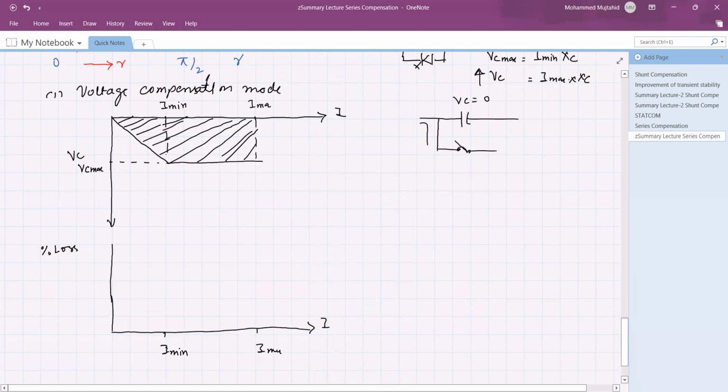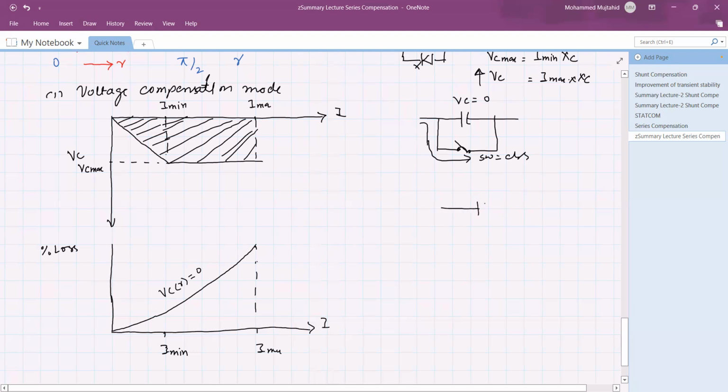Say this switch is closed. So when the switch is closed, total current is diverted from here, and the voltage across capacitor will be 0. And as the current flows through the JTO, it increases the losses. So up to this point, it increases the losses, and it indicates VC is a function of gamma equal to 0. Up to this minimum value, the losses are minimum, but then they keep increasing.